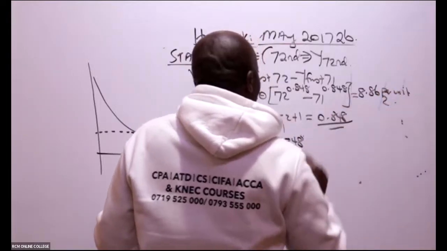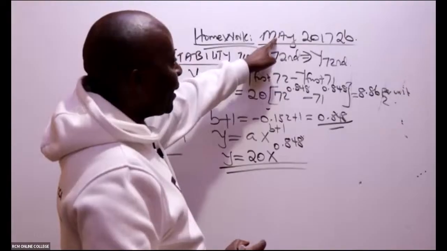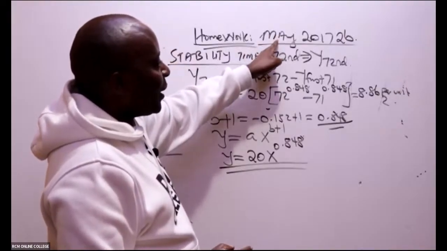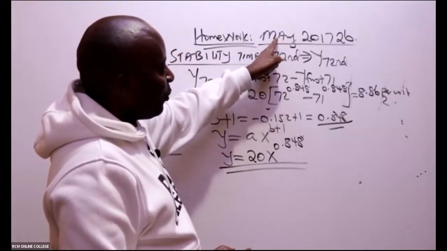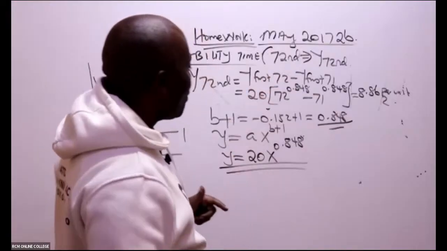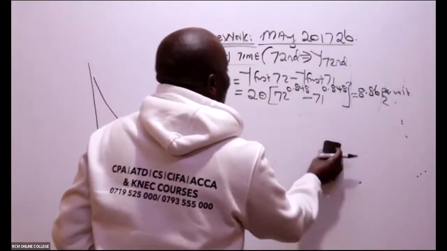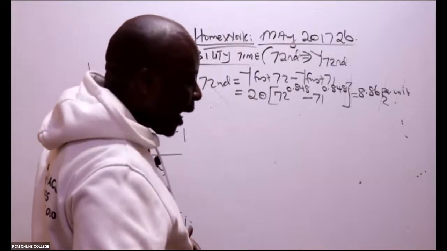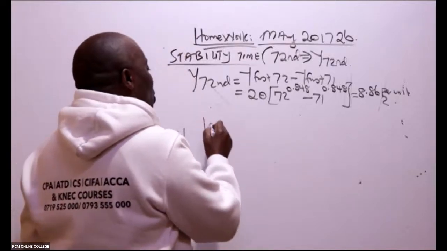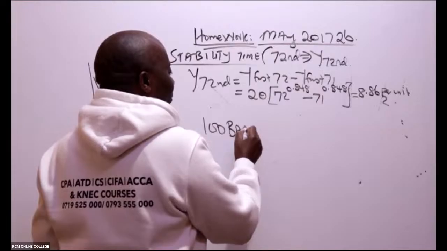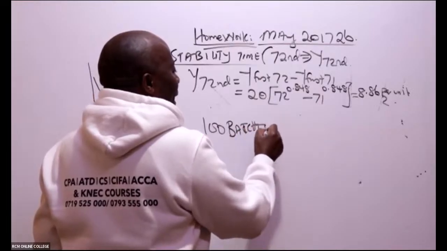And once you finish doing this, this is the concept being tested here, because here they stabilized at the 64th batch. Once you reach here, you should be able to draw this. Remember, in total there are 100 batches.